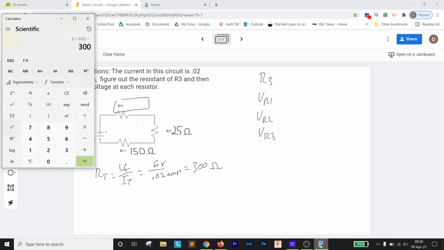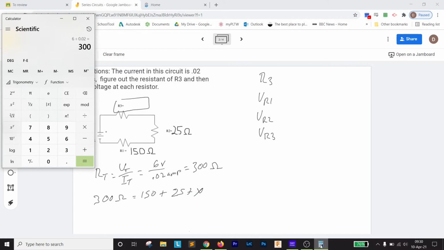Okay, so now R3 is going to be what's left over after you add R1 and R2 up. So like we've got 300 ohms here is equal to 150 plus 25 plus X, which would be R3.